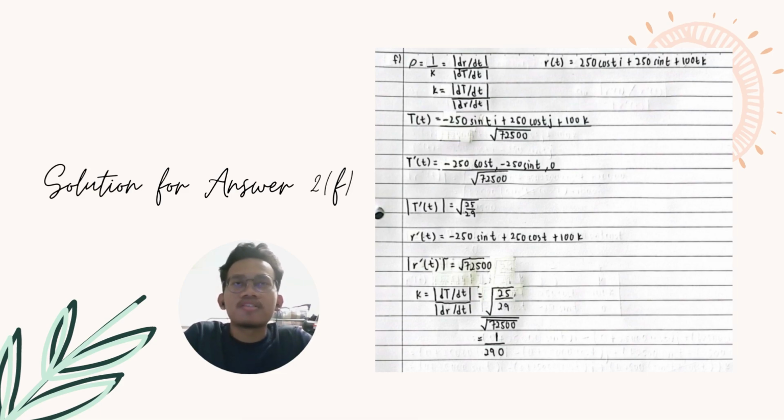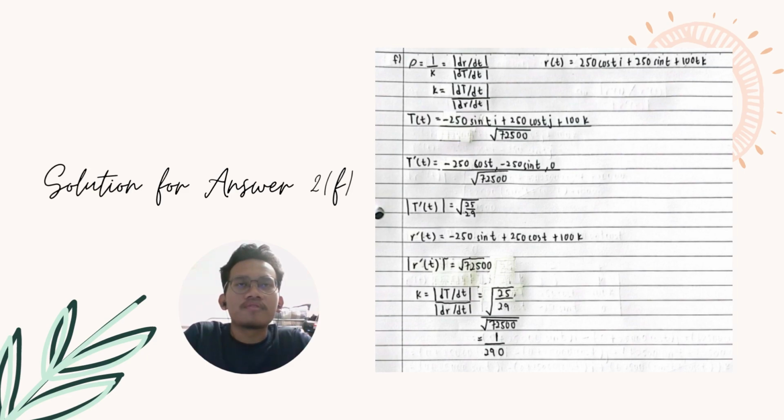For the capital T function, we get negative 250 sin t i plus 250 cos t j plus 100k over the square root of 72,500. For the magnitude of the first derivative of capital T, we substitute it into the square root, and we will get the square root of 25 over 29.